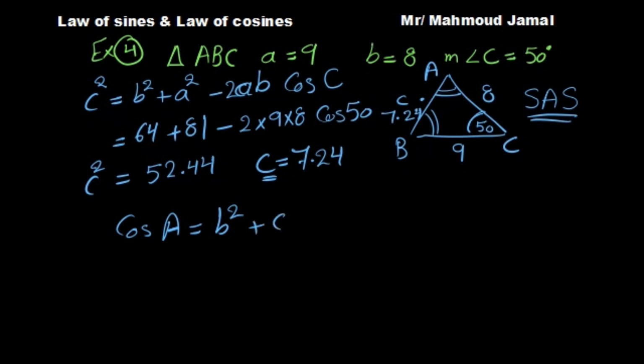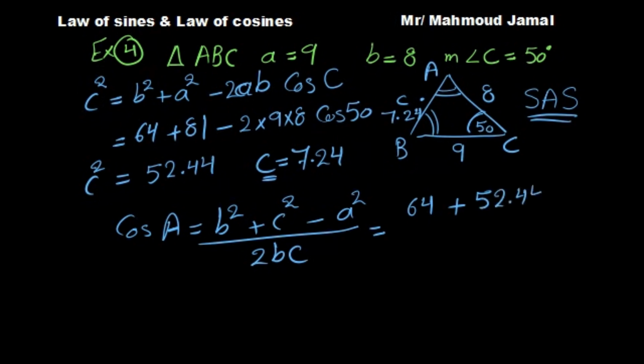plus c power 2 minus a power 2 over 2bc. b power 2 is 64, plus c power 2, 52.44, minus a power 2, 81, over 2 times b, which is 8, times c, which is 7.24.